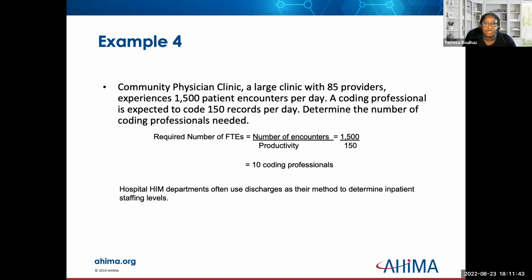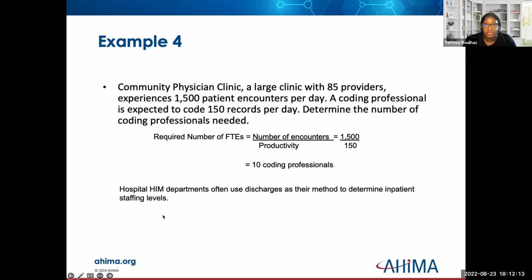For example, the administration may only need to approve a person working 50% of the time. So they're going to look at 0.5 FTE as a full-time employee if a full-time employee is not needed to perform the work. We look at the number of encounters, in this particular case, 1,500 divided by 150, which is the records, equals at least 10 coding professionals.